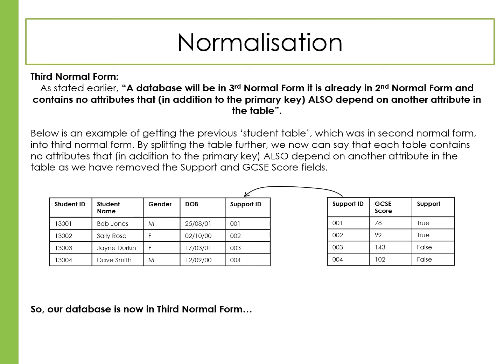So we've got the student's details, so their name, their gender and their date of birth. We've now got a new table which has got their GCSE score in it and whether they need support for a certain subject, whether that's true or false. And this puts it into third normal form.